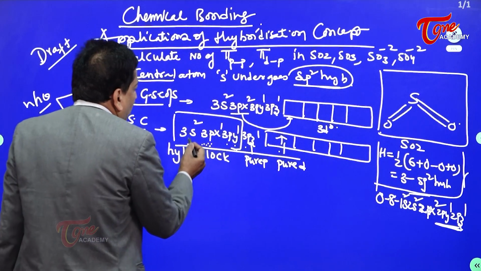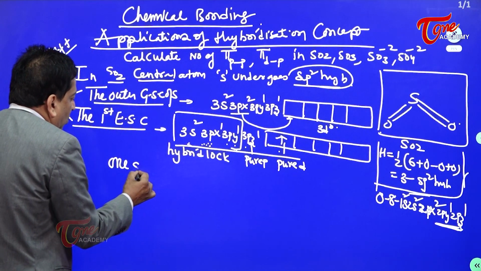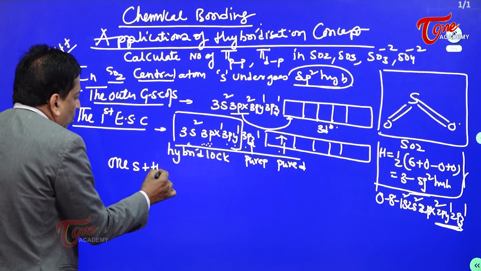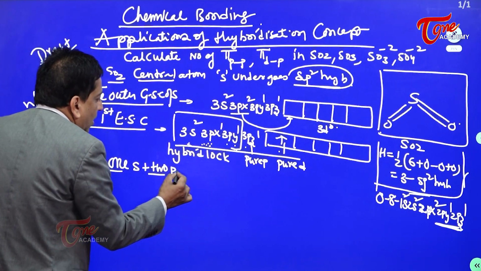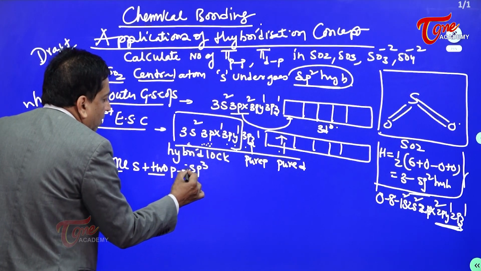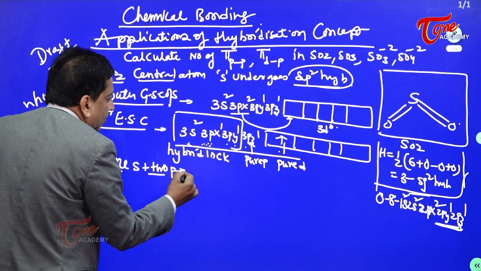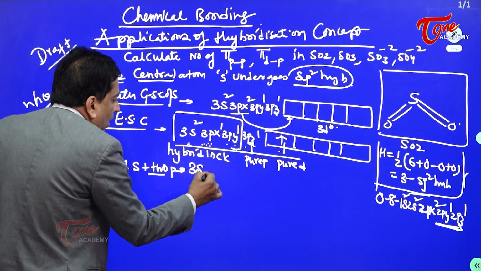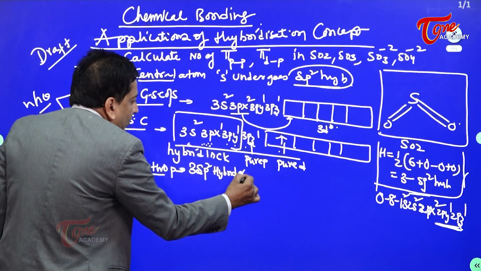So it is 1s and 2p's. Let us write it. 1s and 2p's have participated, giving you 3 sp2 hybrid orbitals.